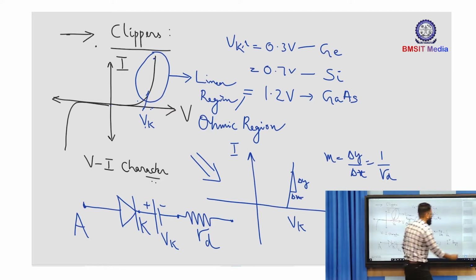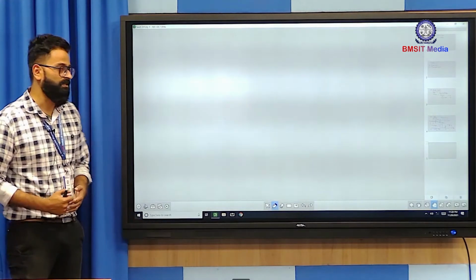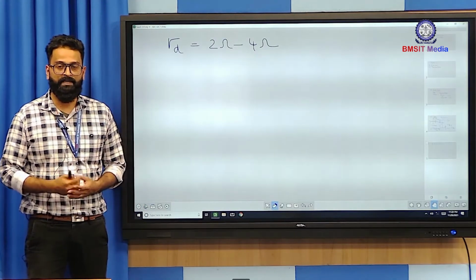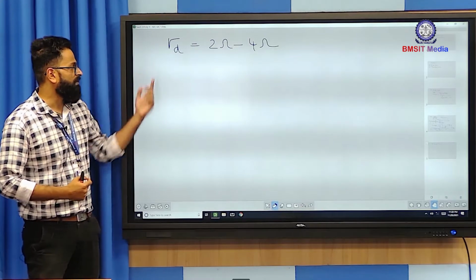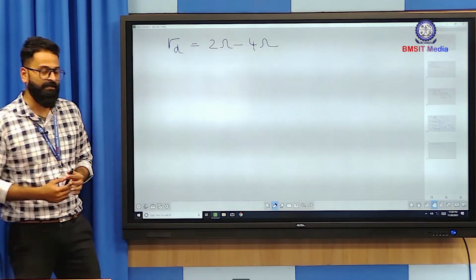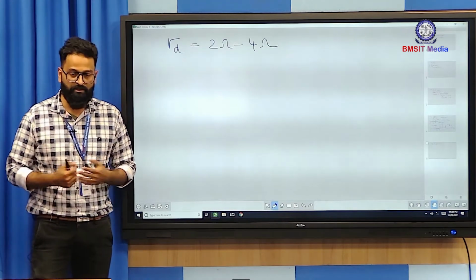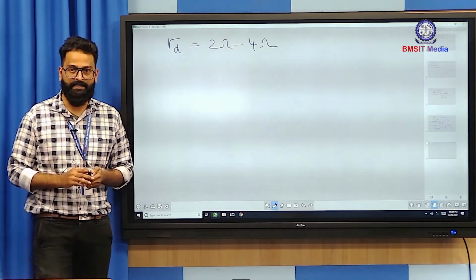Now this resistance RD is quite small. So generally RD for a low power semiconductor diode varies somewhere from 2 ohms to 4 ohm. And when we deal with a very small current value, so the effect of RD becomes insignificant, and that's the reason you can neglect RD for most of the analog electronic circuit analysis.